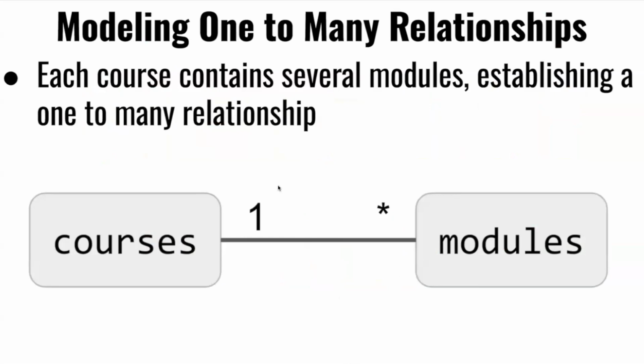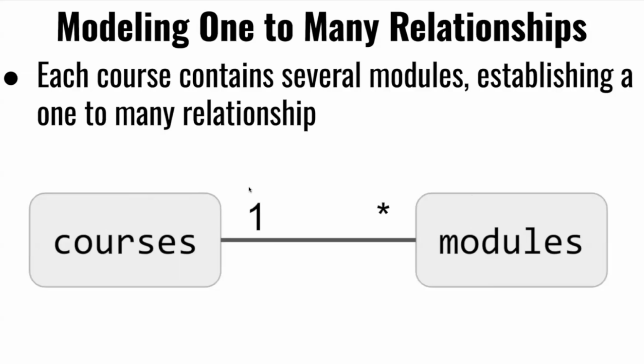For instance, in our case, we have one course that might be related to many modules. One course has many modules. And in UML, you capture that idea by declaring classes for each one of the different types of data. So we have a class for courses and another class for modules. And then drawing a line in between them, saying that there's a relationship between the courses and the modules.